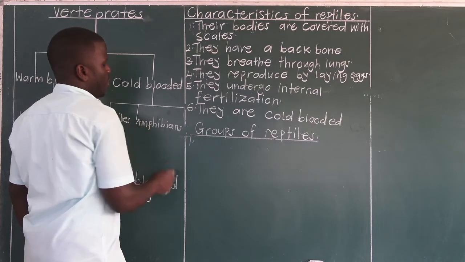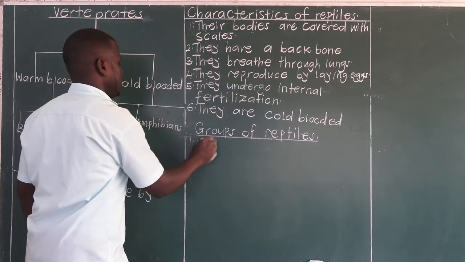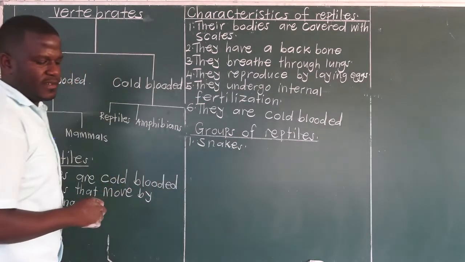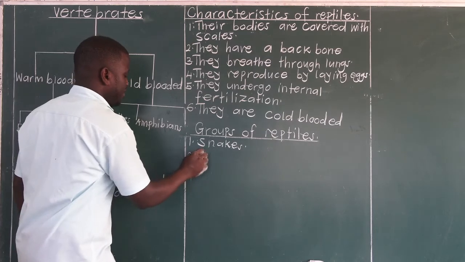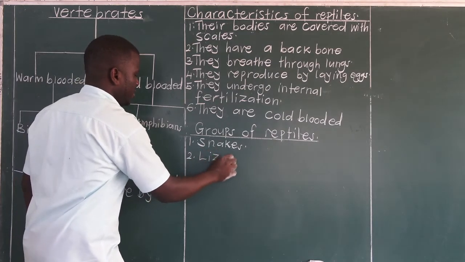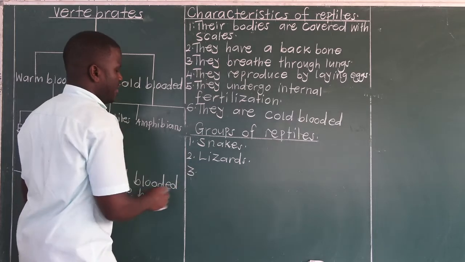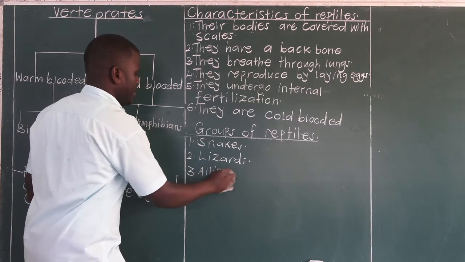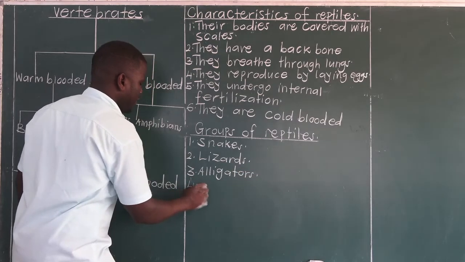One, we have snakes. Snakes are grouped under reptiles. Number two, we have a group called lizards. Number three, we have alligators. Four, we have crocodiles.